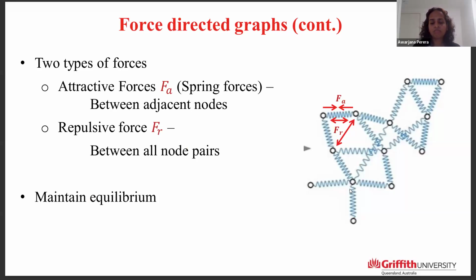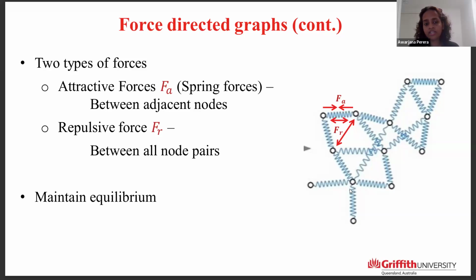The nodes in a force-directed graph are compared to a set of metal springs combined together. Just like in springs, there are two types of forces acting on these graphs. The first type is called attractive forces. These attractive forces act on the connected nodes, pulling them towards each other. On the other hand, there's another force called repulsive force.